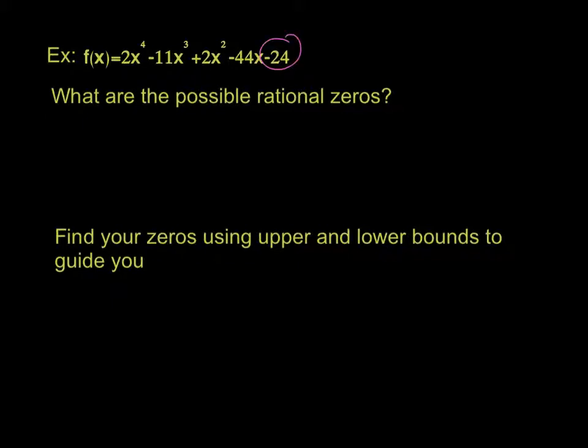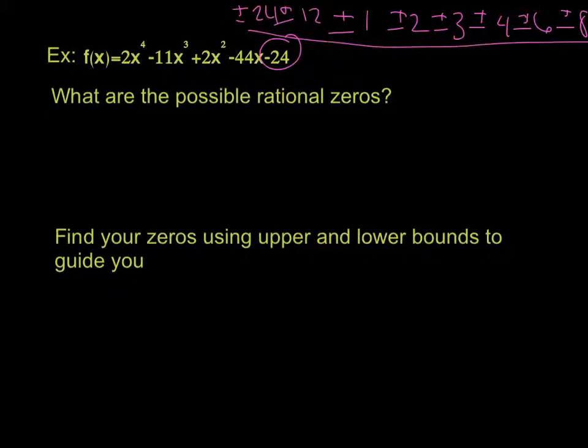So again, I'm going to try 24, which is plus and minus 1, 2, 3, 4, 6, 8, 12, and 24, and that's all over all the factors of 2, which are 1 and 2. So my list of possible zeros: plus and minus 1, plus and minus 1/2, plus and minus 2.